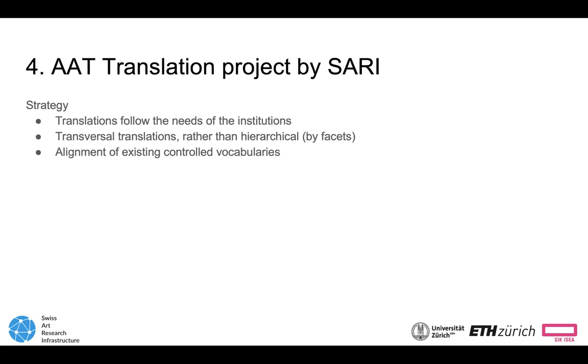This means by facets. It's not the idea that we choose now a facet and we translate it in the 3 languages, but if, for example, we have the concept civil engineering, then we will also in the same way translate the concept civil engineer. And in priority, we want to align existing controlled vocabularies.